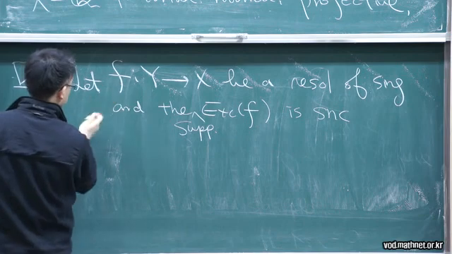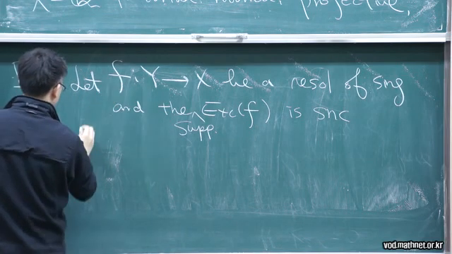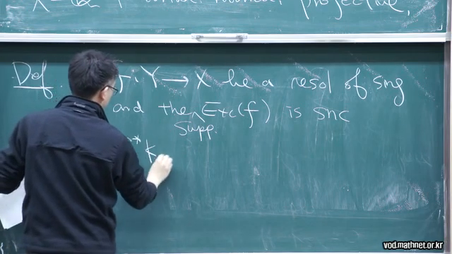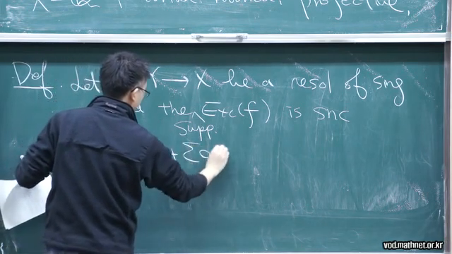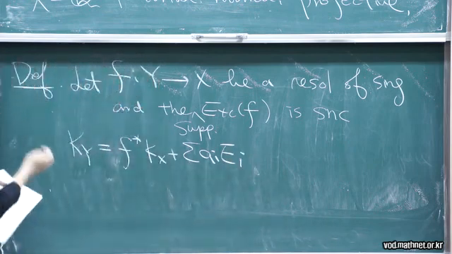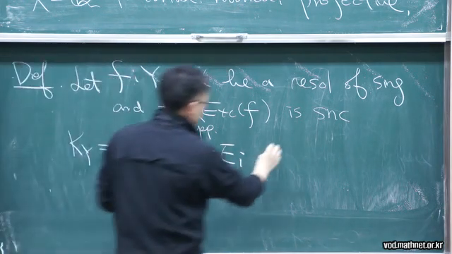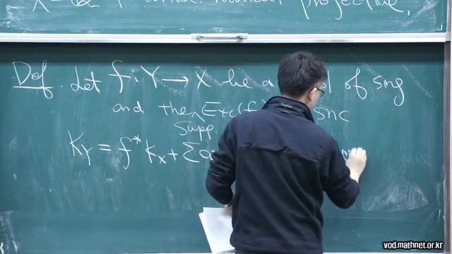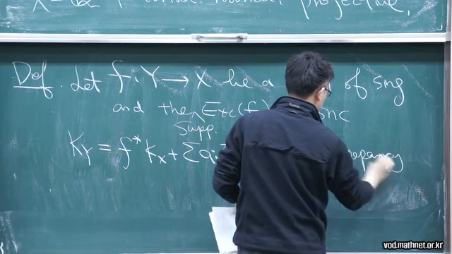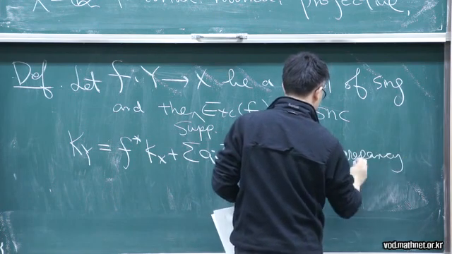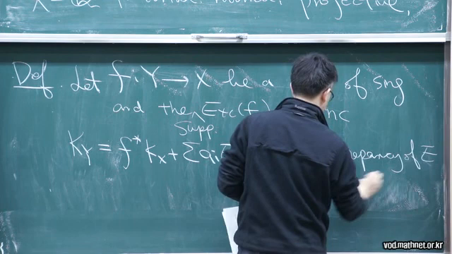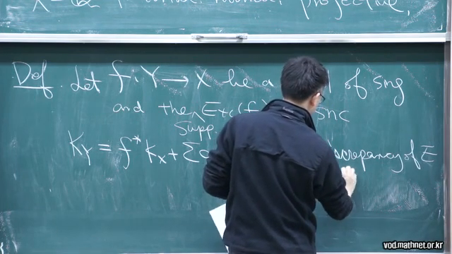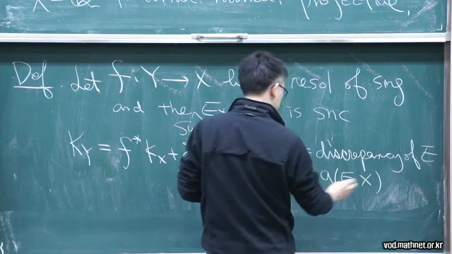So with this resolution, we can write K_Y equals K_X plus sum a_i E_i. And a_i is called the discrepancy of E_i, and in the literature it's sometimes denoted differently.